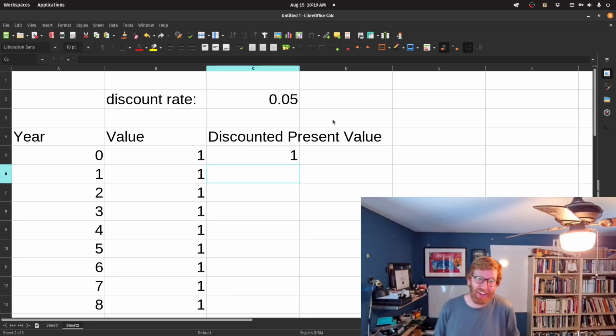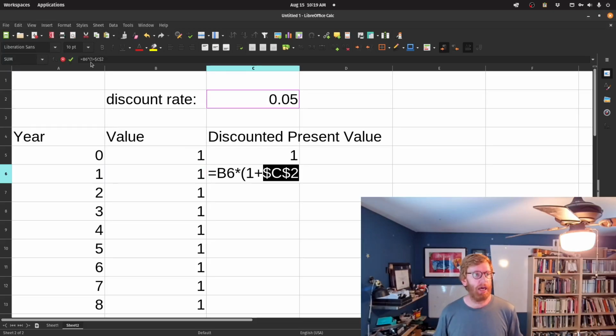There's nothing complicated about it, right? $1 million is worth $1 million. But $1 million in a year, we have to ask, what is that future value? And that's going to be 1 plus this. If you aren't used to spreadsheets, these little dollars mean that I'm referring to a cell and I don't want it to change.